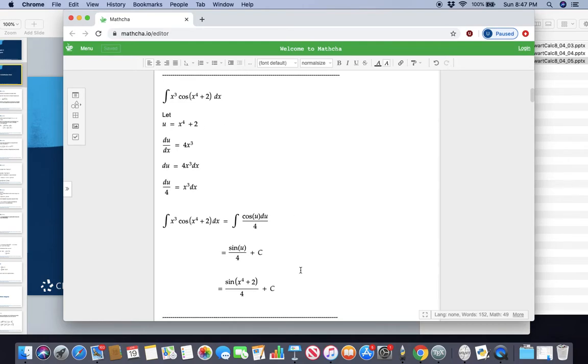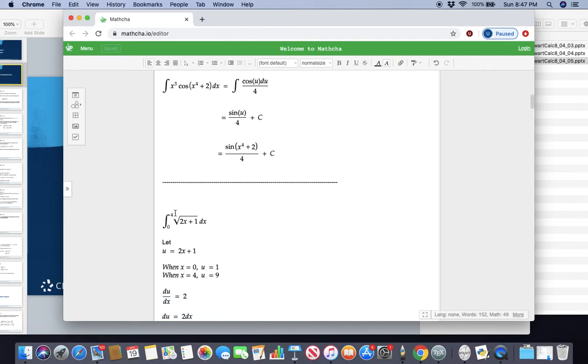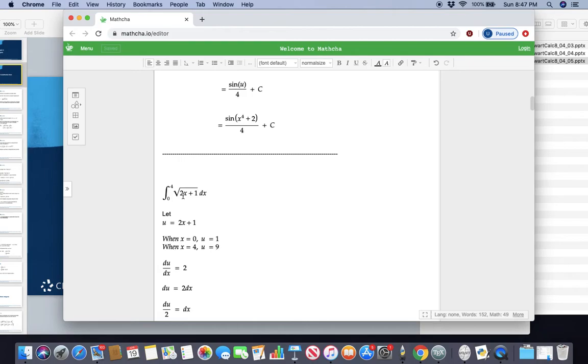Okay, this approach is very useful even when you're looking at definite integrals. 0 to 4 of square root of 2x plus 1. Alright, so I'll call 2x plus 1 u. Now there are limits here, so I will have to find limits for u as well.